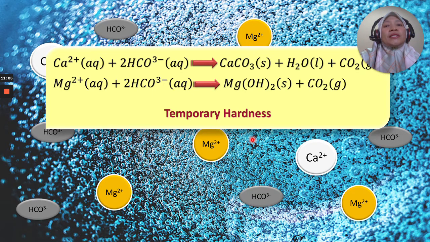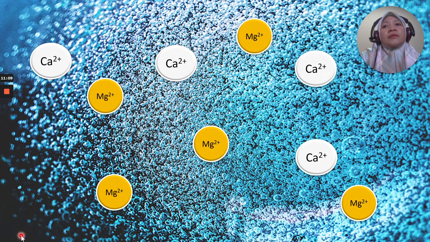Apart from bicarbonate ions present in the water, calcium and magnesium can also combine with chloride.